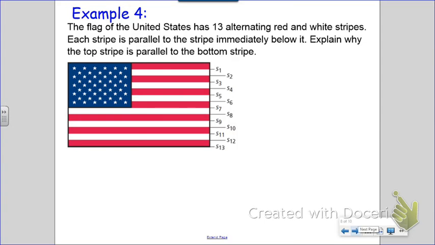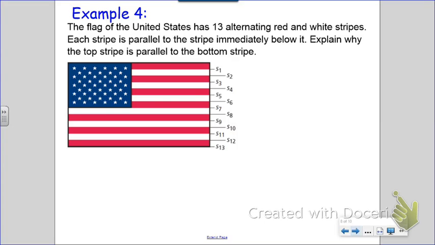The next one, the flag of the United States has 13 alternating red and white stripes. Each stripe is parallel to the stripe below it. Explain why the top stripe is exactly parallel to the bottom stripe. Well, this is a simple one, it's not asking us to prove, it's just explaining why.